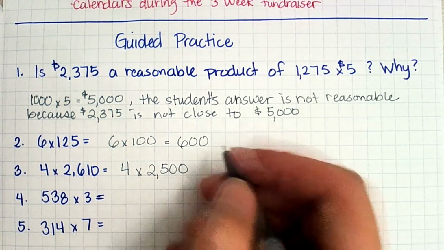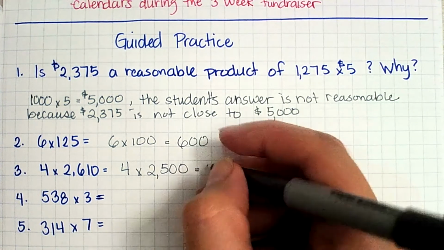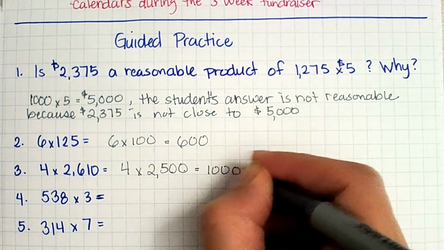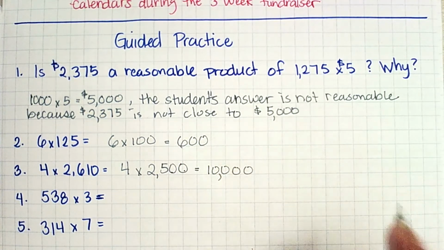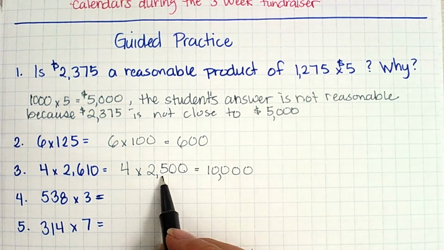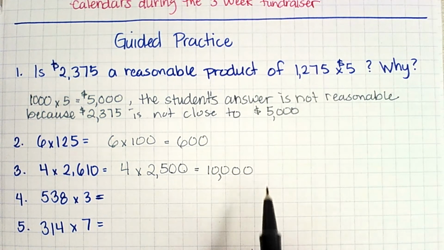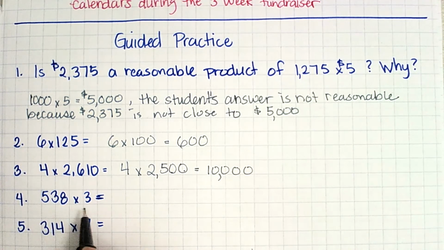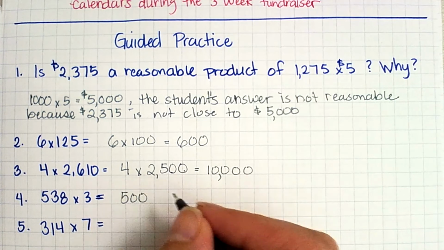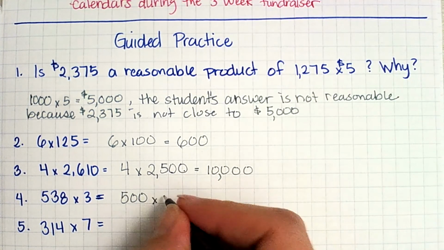Now I know 4 times 25 is 100, plus these 2 zeros on the end. So 2,500 times 4, 2,500 times 2 is going to be 5,000, plus another 5,000 is going to give me 10,000. Over here, 538 times 3, I can change it to 500 times 3 by rounding to the nearest 100.